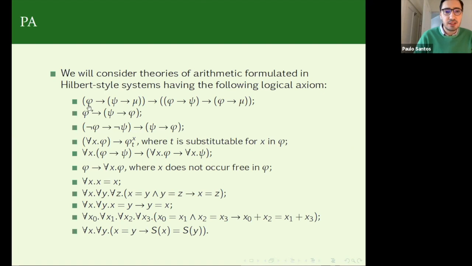For instance, focusing on the first axiom, this phi, this psi, and this mu do not stand for actual formulas. They stand for variables to which one can replace any formula. So in a sense, they are formula variables. They are formulas that are standing for any instantiation of the formula.